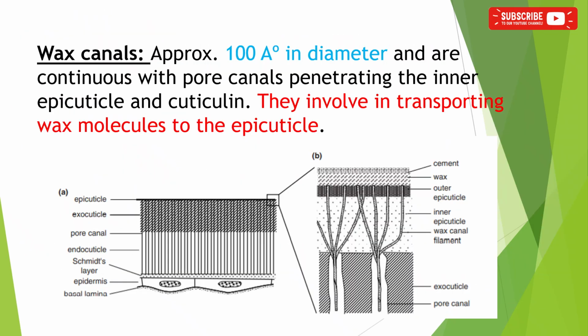The wax canals. In this picture, you can see the cuticle part. The layers are the cement layer, wax layer, outer epicuticle, inner epicuticle, wax canal filaments, exocuticle, and the pore canals.